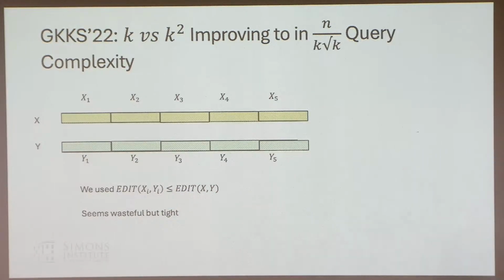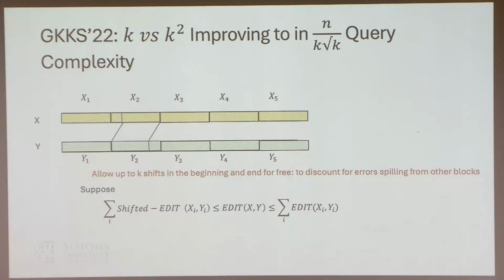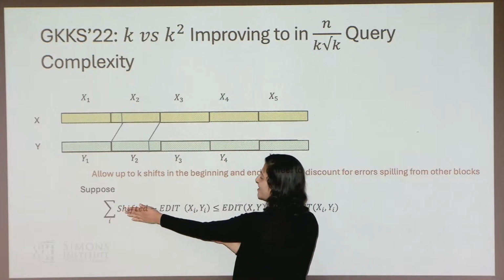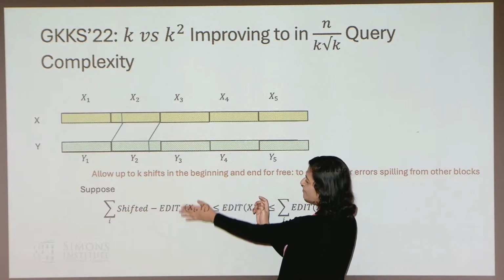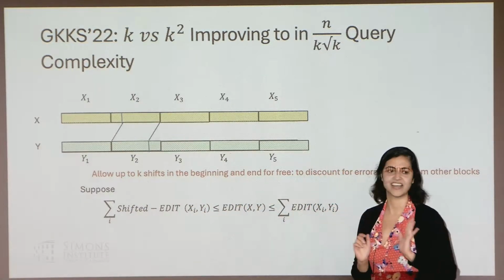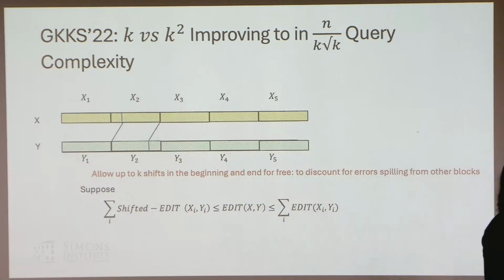You're just looking at one block and saying this edit distance is bounded by the overall edit distance. It would have been so nice if we could have said that the sum over the edit distances of all the sample blocks is actually less than the edit distance between x and y. Then it would automatically give you a much better query complexity than n over k.